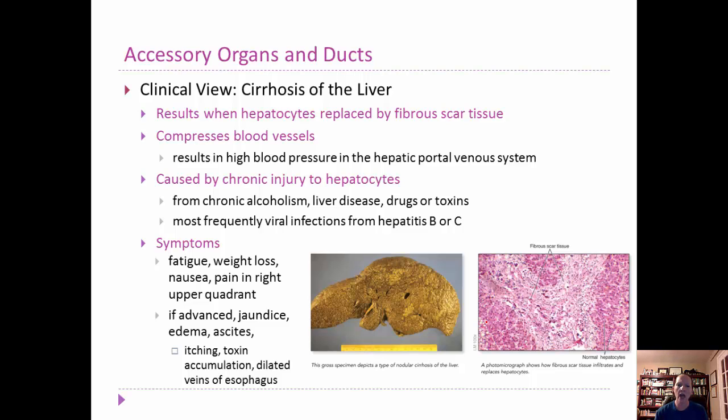So since you don't have that colloid helping reabsorb the fluid back into the capillaries, it all stays out in the tissues, and that's where edema and ascites, that collection of fluid in the abdominopelvic cavity, come from. And of course, since the hepatocytes are lost, you cannot break down the toxins and drugs like you need to, so you do get a lot of toxins accumulated there as well.